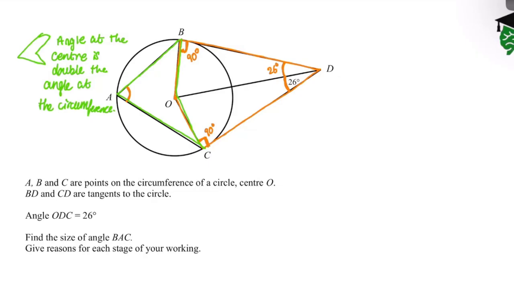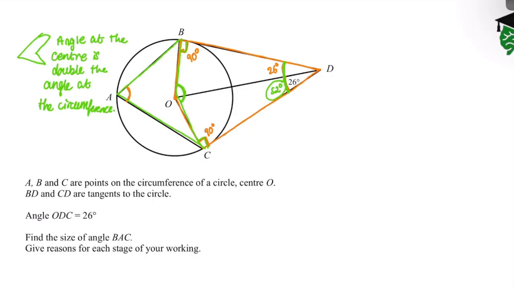Now we know that this is 26 and 26, which means the whole green angle that we have is 52 degrees. We know that this is 90 degrees, this is 90 degrees. We can work out this angle.